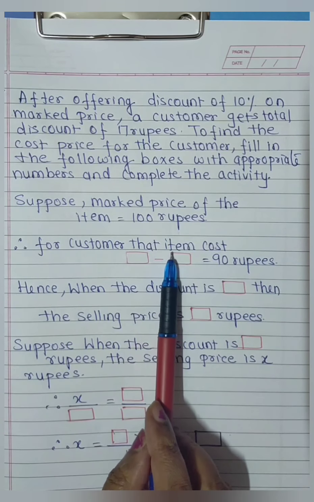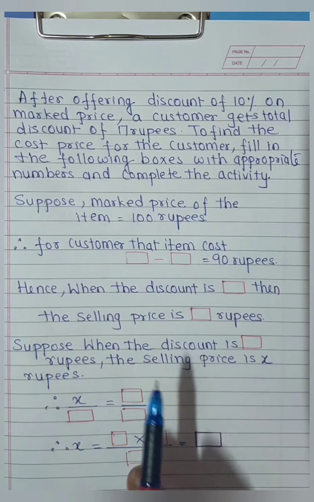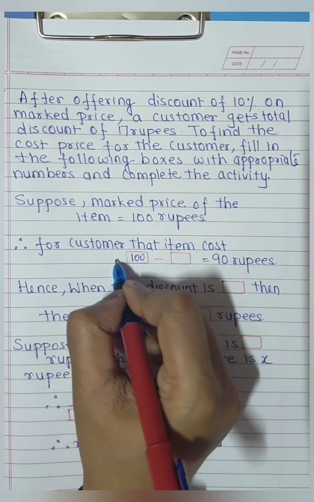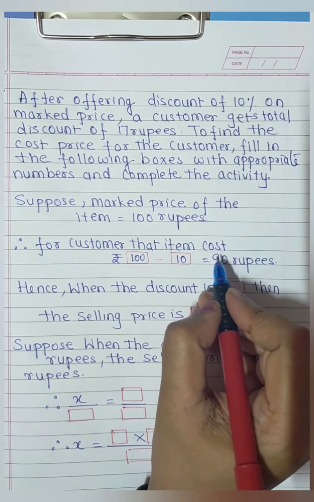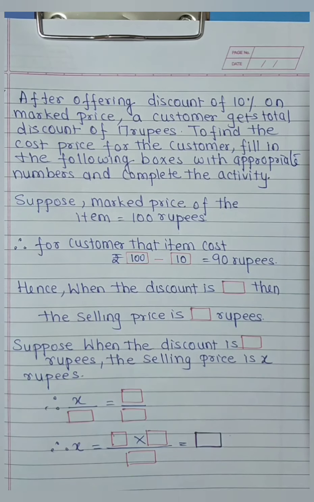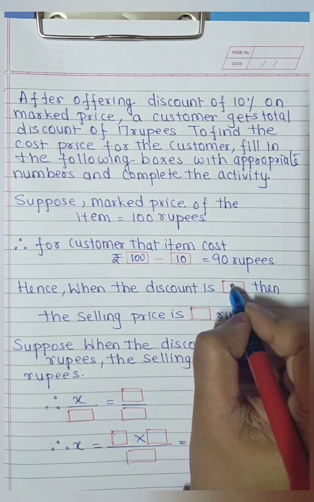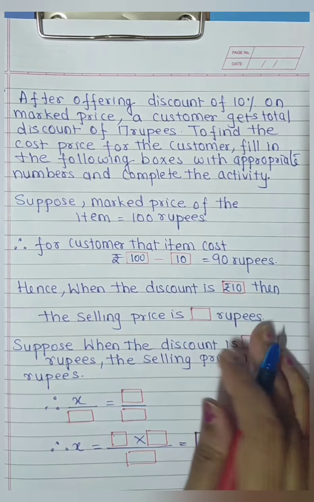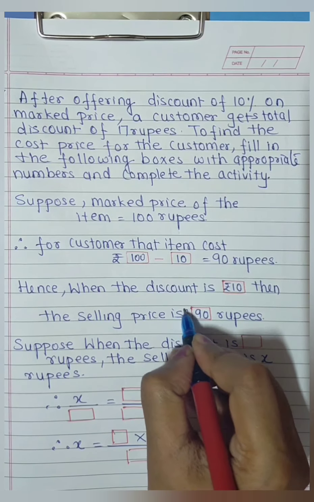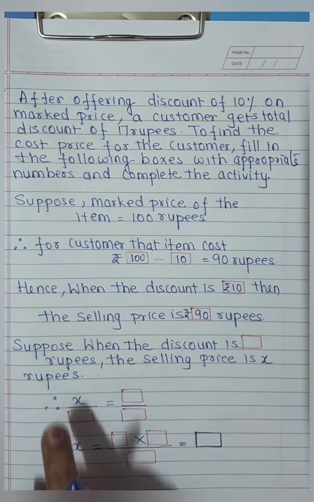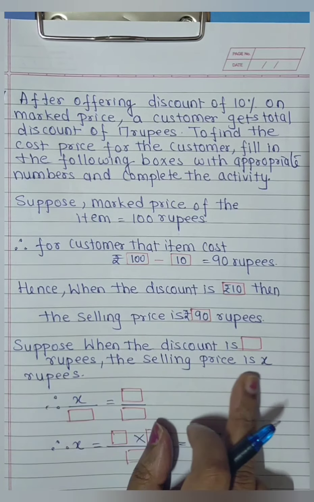For the customer, that item cost is dash minus dash equal to 90 rupees. So that is 100 minus 10 is 90. Okay, now hence when the discount is 10%, the selling price is 90 rupees. Suppose when the discount is dash rupees, the selling price is X rupees.